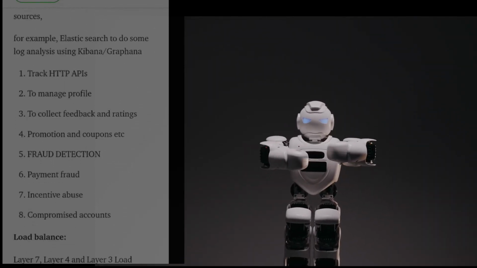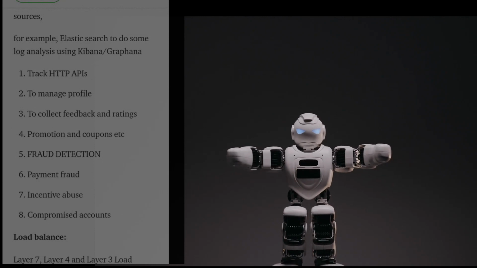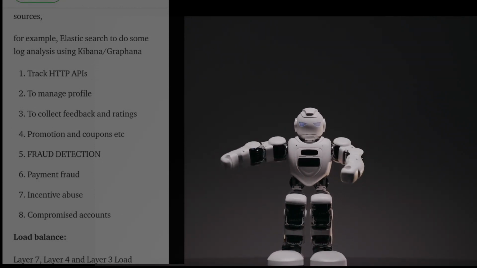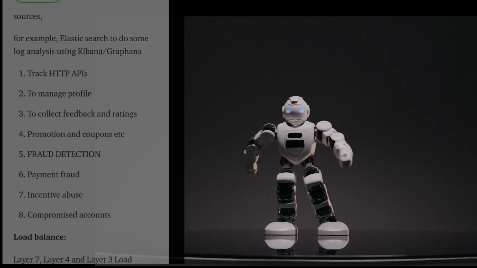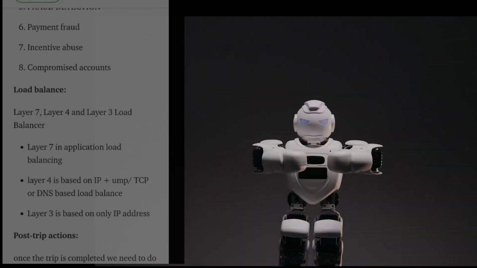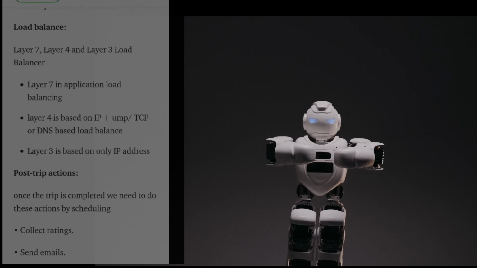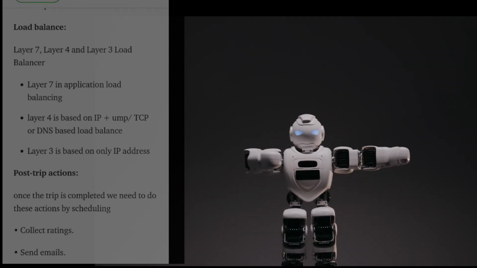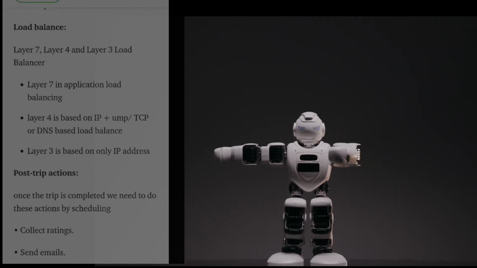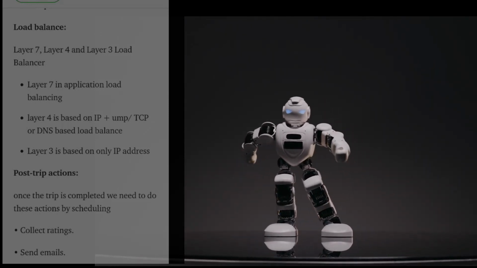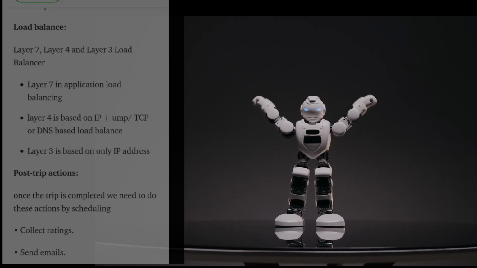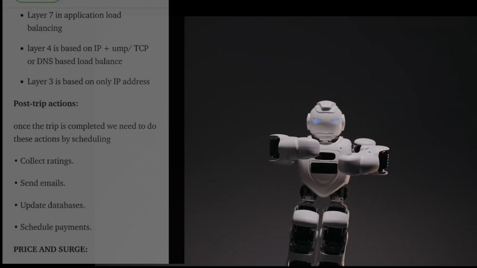They use Elasticsearch to do some log analysis. Other components include tracking API, managing profiles, collecting feedback and ratings, promotions, fraud detection, and load balancing, with application load balancing and IP and DNS based load balancing.